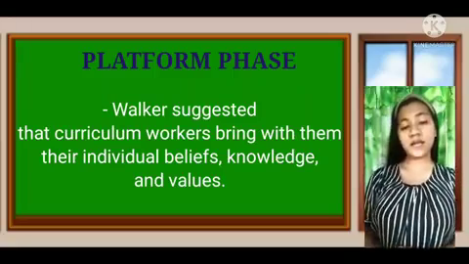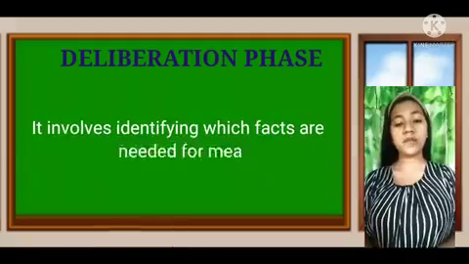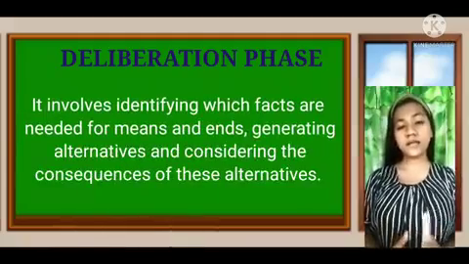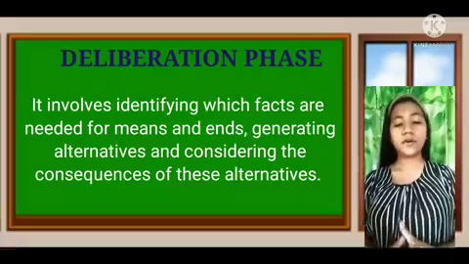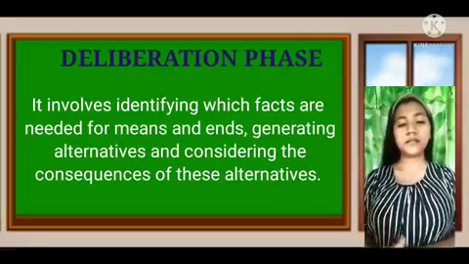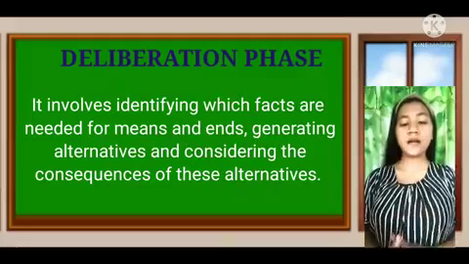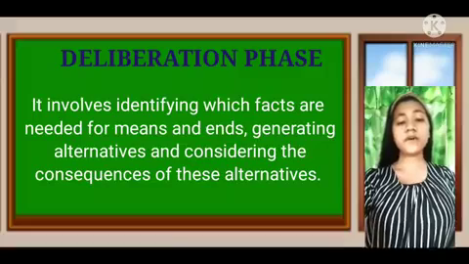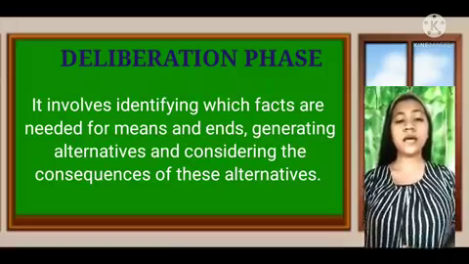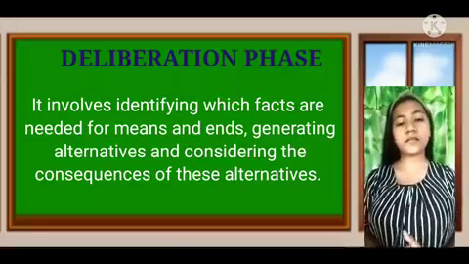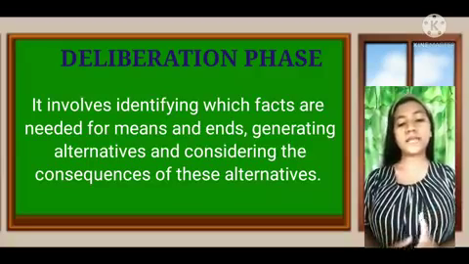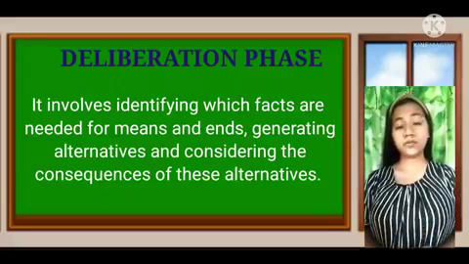Next is the deliberation phase. On the other hand, it involves identifying which facts are needed for means and ends, generating alternatives, and considering the consequences of these alternatives. This phase is also used in weighing alternative costs and consequences and choosing the best alternative for the curriculum task they are about to do.